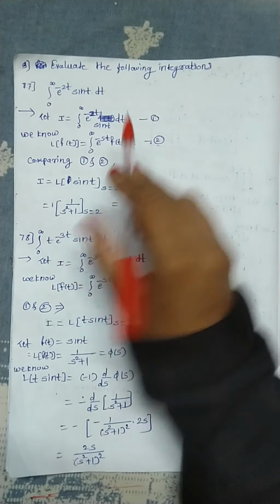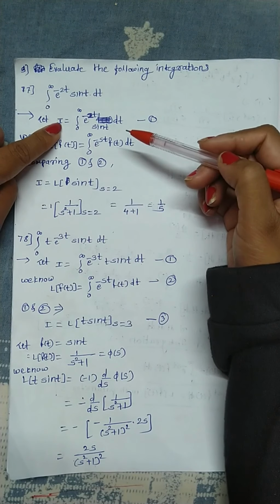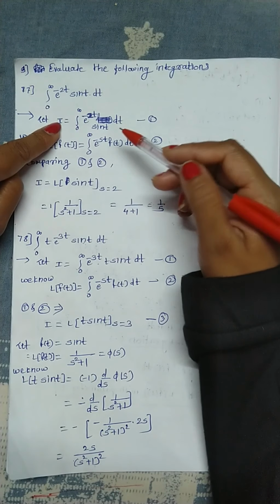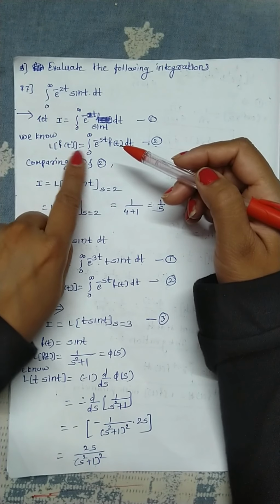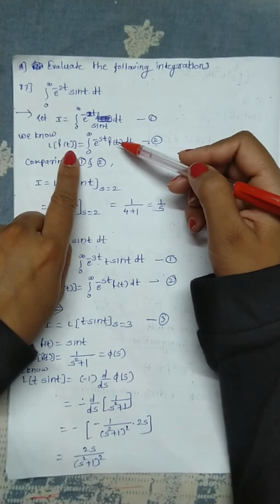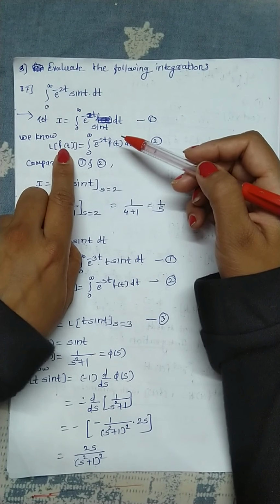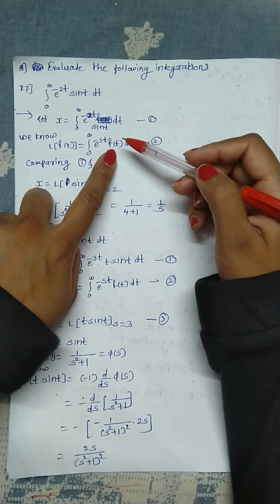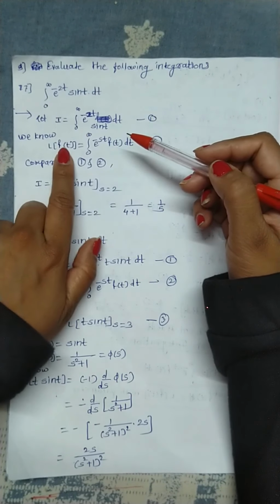Call it number 2. Now observe these two. We have to find the value of I, that is our question, where I is our original integration, and we know this. If we have to find this integration, what do we have to find? The Laplace transform of f t. If the RHS are the same, then the LHS must be the same.